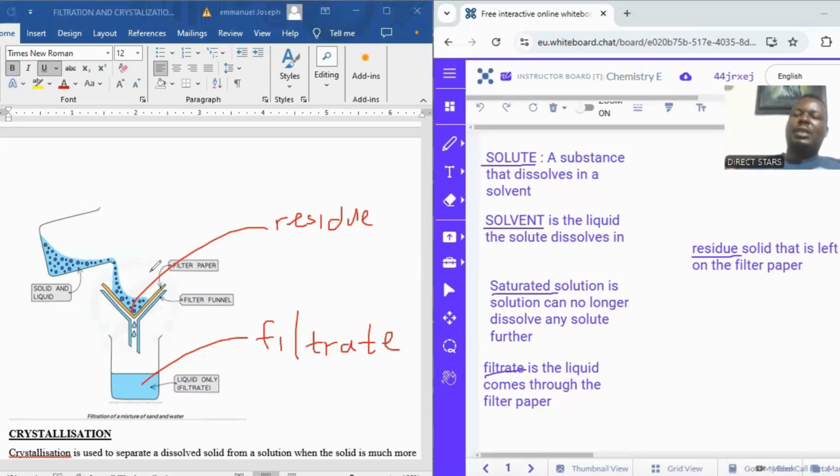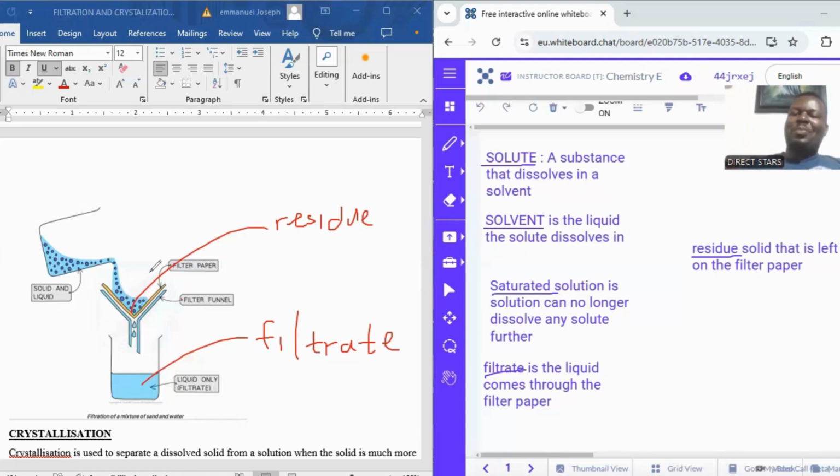Soya bean flour, any kind of flour mixed in water, you can separate them by using filtration, because these solids don't dissolve in water. They only make the water look cloudy and unclear. So if you want to get clear water back, you carry out this technique.